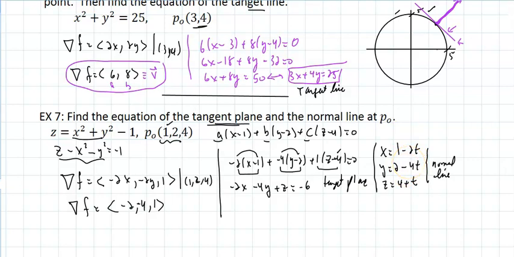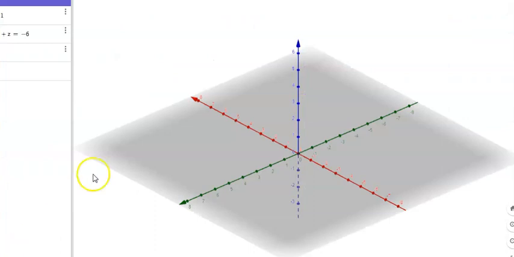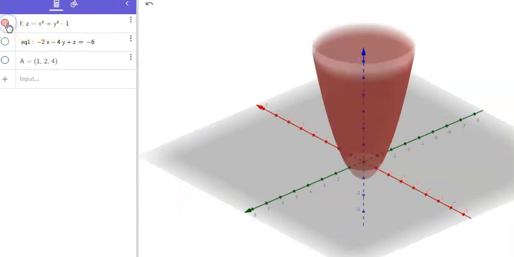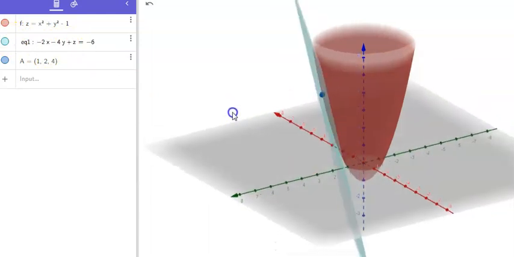So if I go to GeoGebra, and if I sketch the graph, let me show you the equations right there. If I sketch the graph of z equals x squared plus y squared minus 1, it's right there. If I put the point 1, 2, 4, the point is on it right there. And if I sketch -2x minus 4y plus z equals -6, there's the tangent plane.